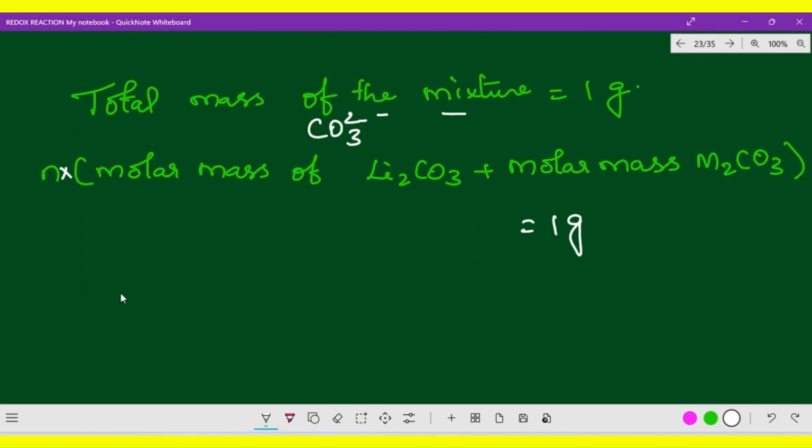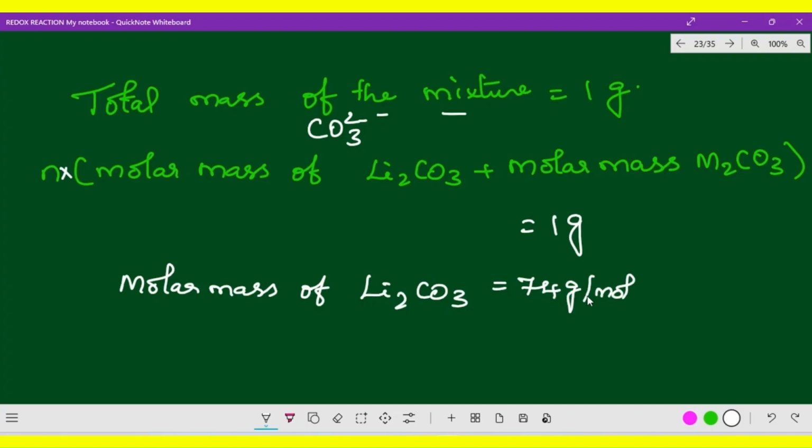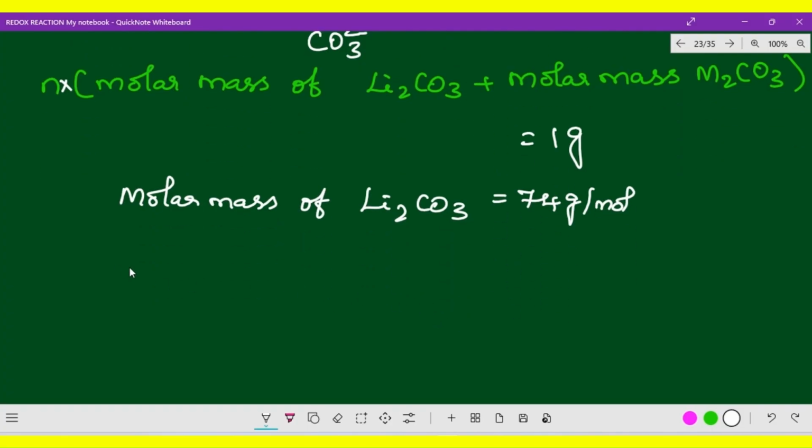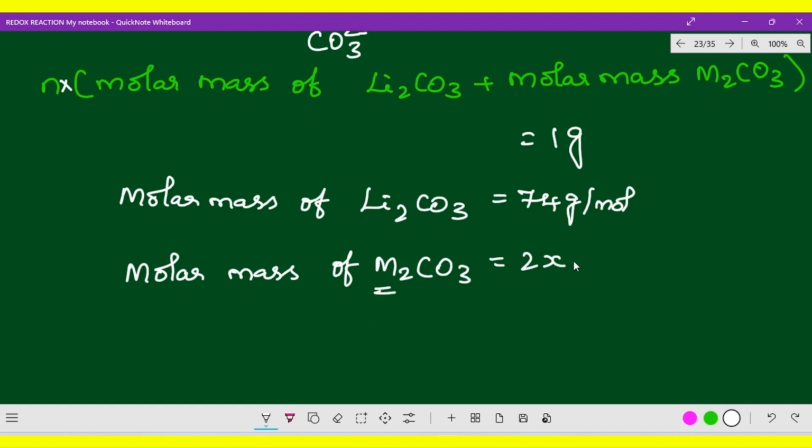So the molar mass of lithium carbonate is 74 gram per mole. Here the molar mass of M2CO3: M2, we can make it X. So 2X plus carbonate, here 12 and here 16 into 3, so you will get 60 gram per mole.